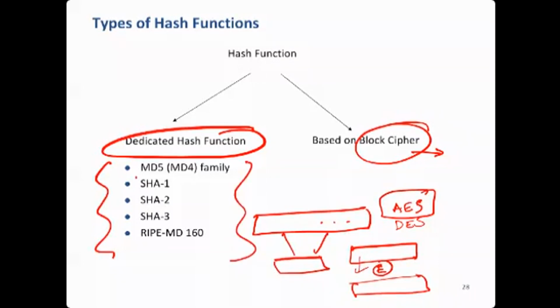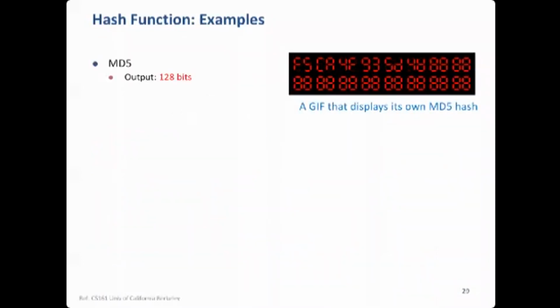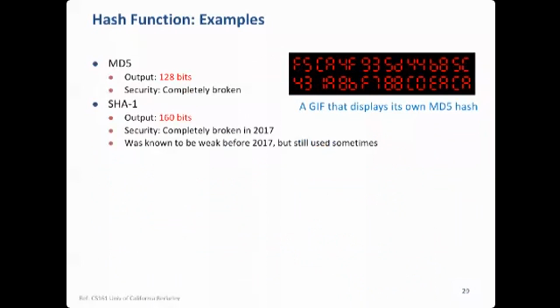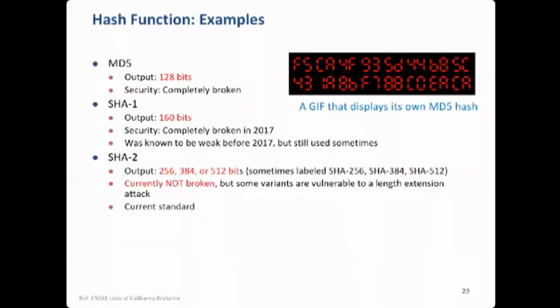So the MD4 family, sometimes we call it the MD5 family, is the most common one, and various algorithms within this family are SHA-1, SHA-2, SHA-3, and RIPEMD-160. We'll look at some of these very briefly now.